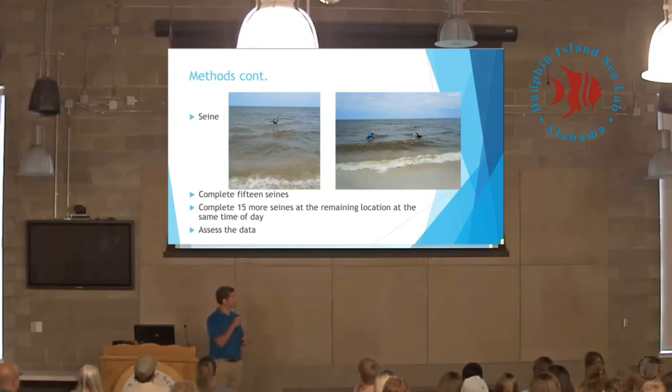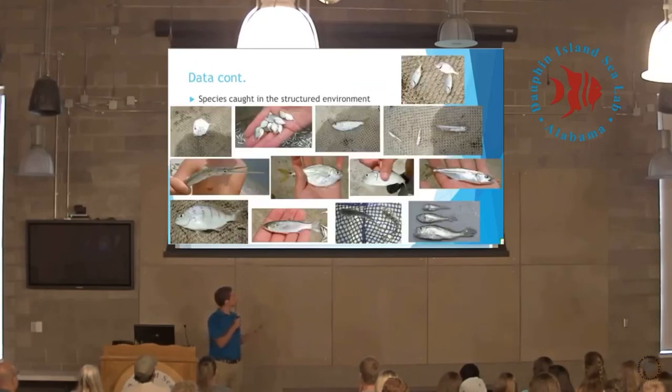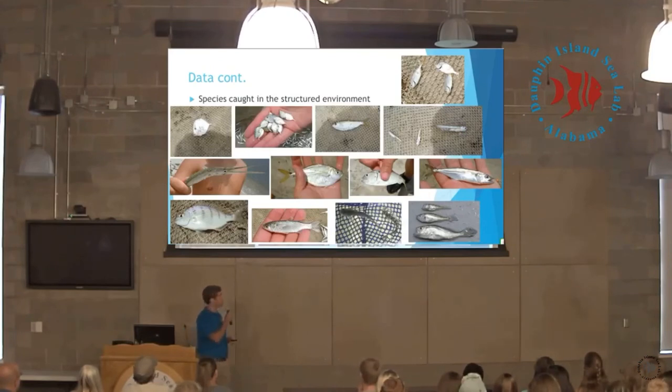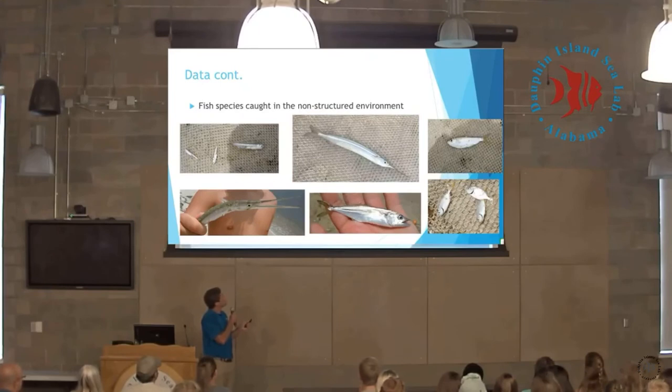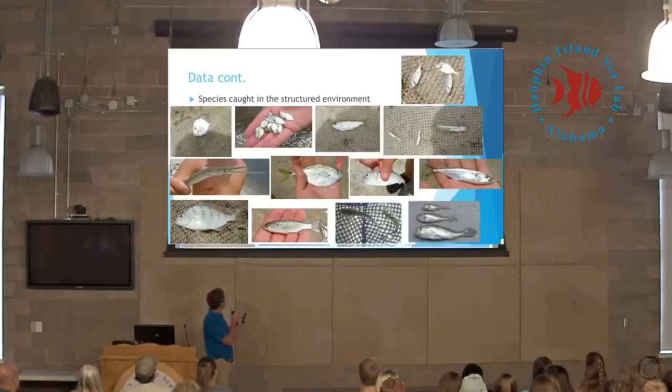After I completed those, I assessed the data. These are all the fish that I caught at the structured environment, 13 total, and these are all the fish that I caught at the non-structured environment. What you'll see in my graphs is that the most abundant fish are scaled sardine, anchovy, and catfish.